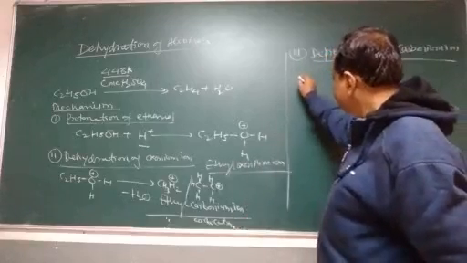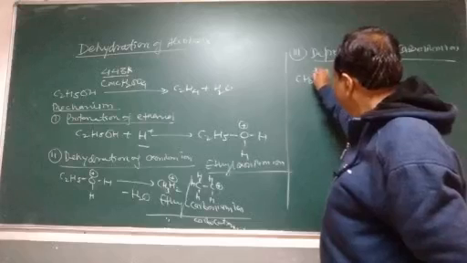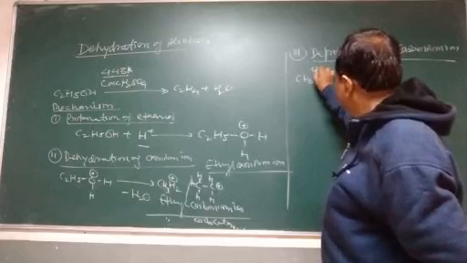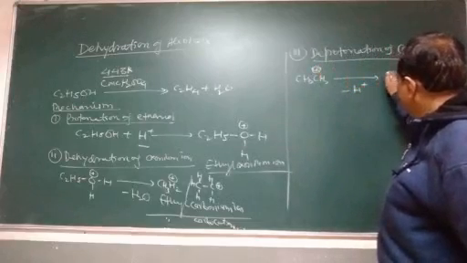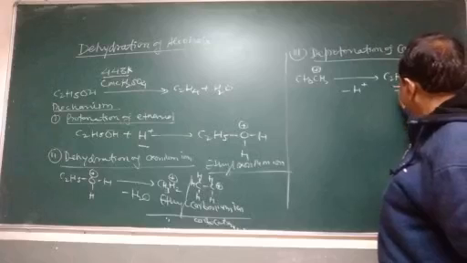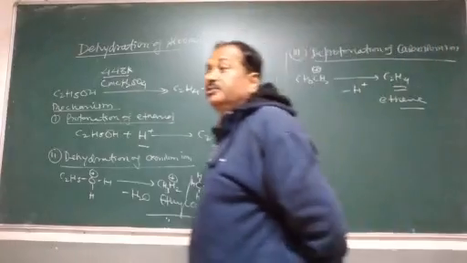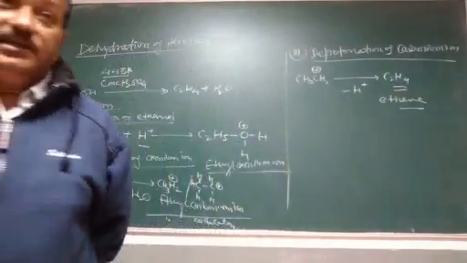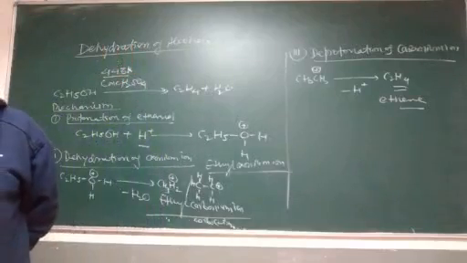So CH3CH2 plus very quickly loses an H plus ion, and there is formation of C2H4. So this is ethene. This is a very important part, explaining the mechanism of dehydration of alcohol to form the alkene.